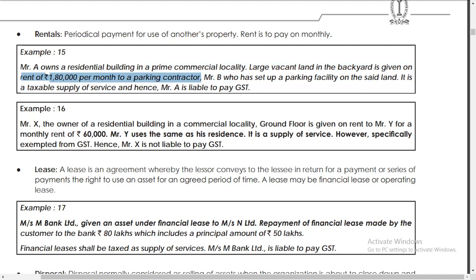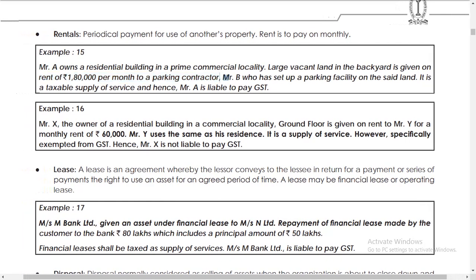What he did, he took one residential house, and at the backside there is one big place he gave for parking, on a contract basis, to Mr. B, who has set up the parking facility on the said land. Mr. B is the management. He is managing the parking, because Mr. A gave the contract to B.